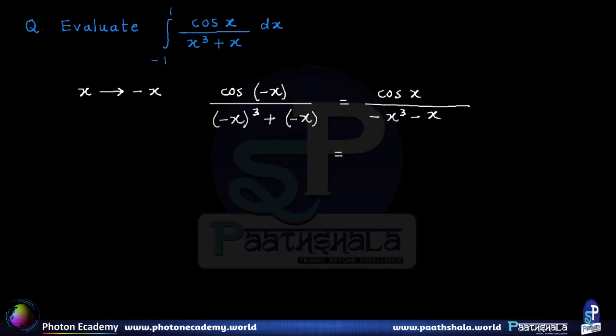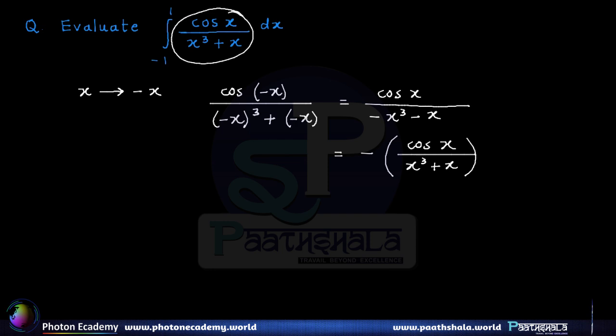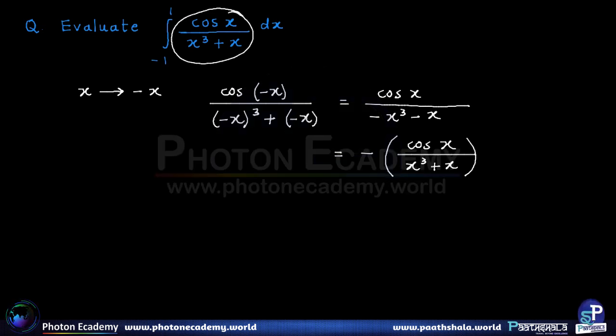So taking the minus sign common, we realize that we get the original function inside the bracket. So that means the given function is an odd function. So therefore, with the help of the property, we can directly write the answer as 0. Right? So we have here used the property relating to odd functions.